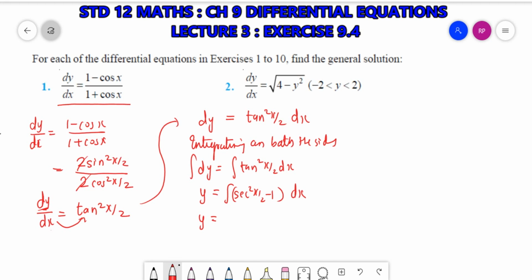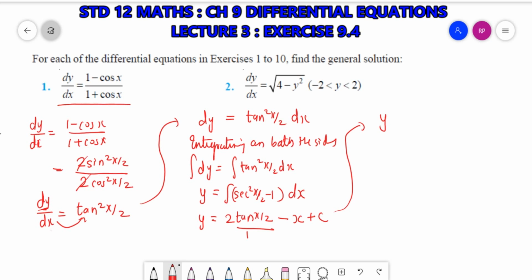Integration of sec square x by 2 is tan x by 2, and as x is divided by 2, we multiply by 2, minus integration of 1 is x, and when we are integrating we put a constant c.